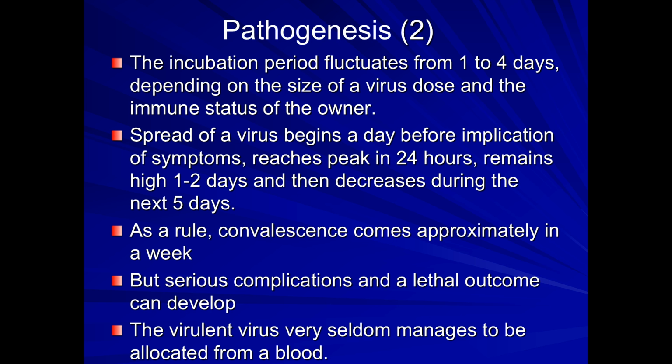Pathogenesis 2. The incubation period fluctuates from 1 to 4 days, depending on the size of the virus dose and the immune status of the host. Spread of the virus begins the day before the appearance of symptoms, reaches a peak in 24 hours, remains high for 1 to 2 days and then decreases during the next 5 days.